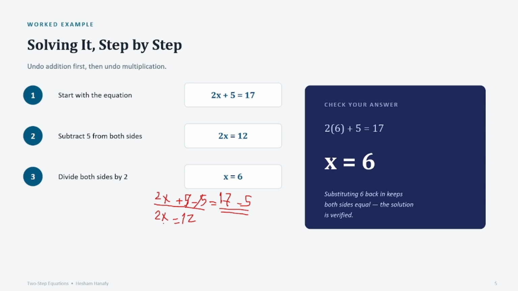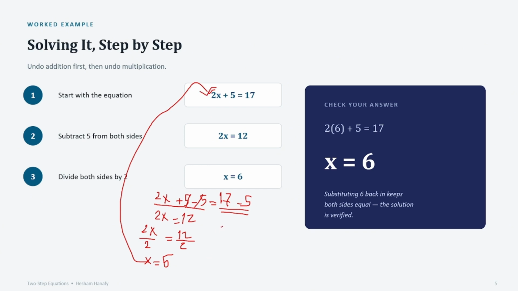Then we will do the inverse of multiplication, which is division. So 2x over 2 will be 12 over 2 also. So x will be equal to 6. And to verify your solution, you need to substitute x in the equation.